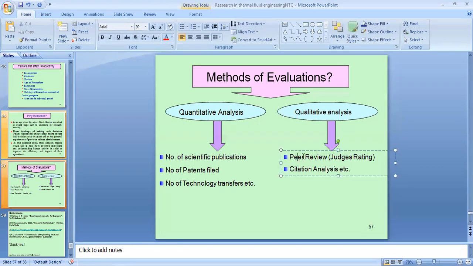We have to review the papers and judge the rating, whether it is a very high quality paper, medium quality, or low quality. Then also citation analysis: how many others have referred to your paper in writing their papers? So citation analysis is also important.